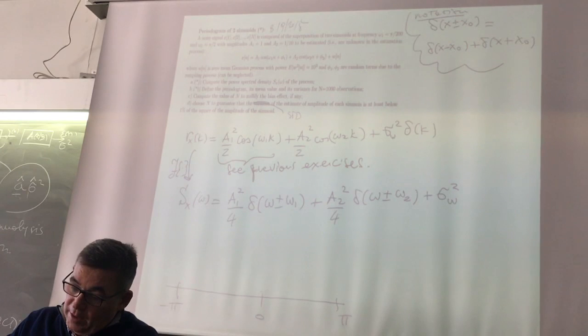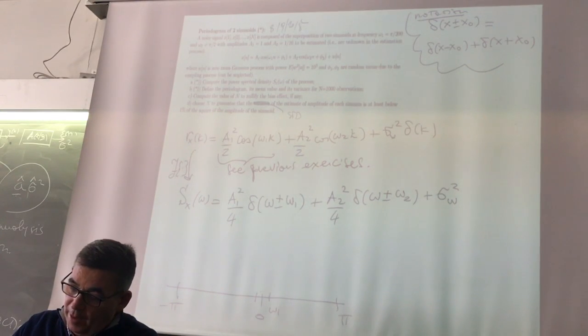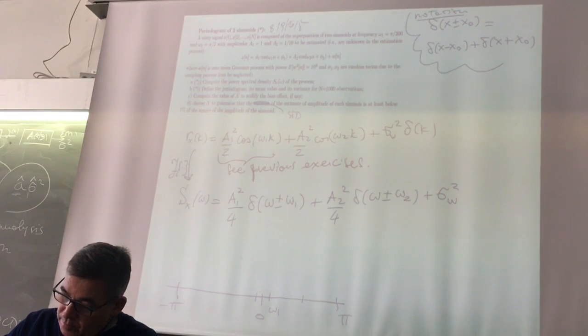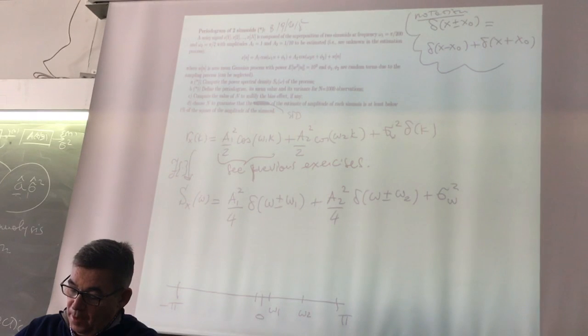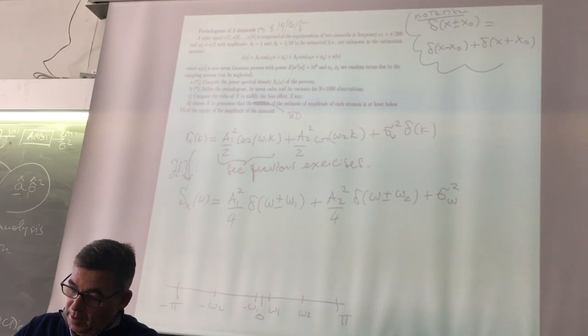Now, omega 1 is pi divided by 200, so it's very close to zero here. Omega 2 is pi divided by 2.